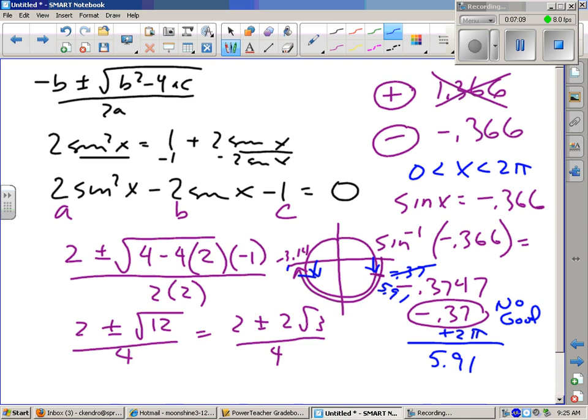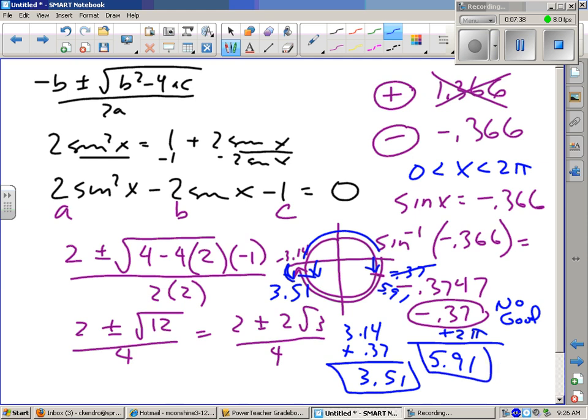Now to get this one, I need to say 3.14 plus 0.37, and that would give me 3.51. So that's the other answer over here. A picture is really helpful to figure out, am I adding 2 pi, am I subtracting, am I adding pi, what's going on? But these are the two answers.